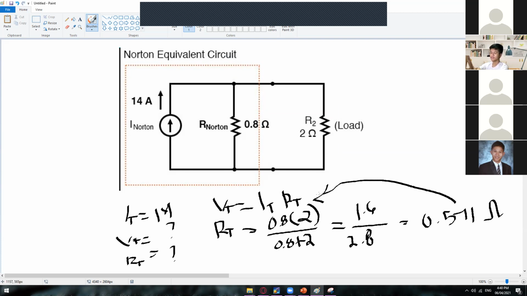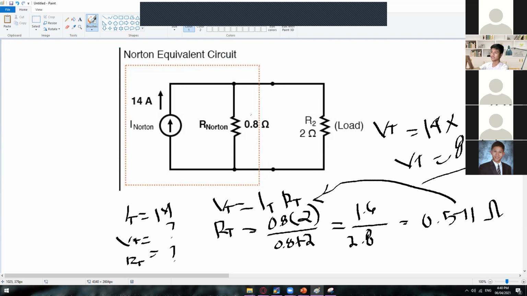Now we can solve for the V total. V total is equal to 14 amps times 0.571, and 0.571 times 14 will give us a V total of 8 volts.